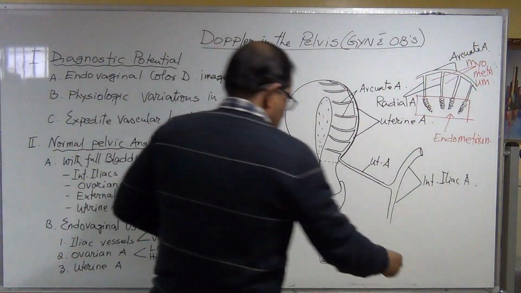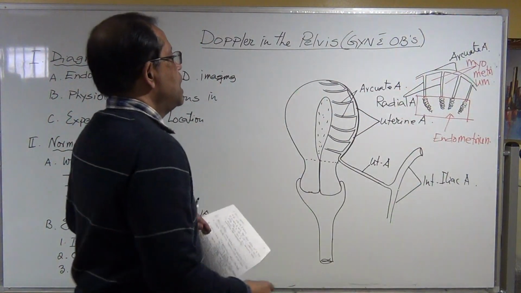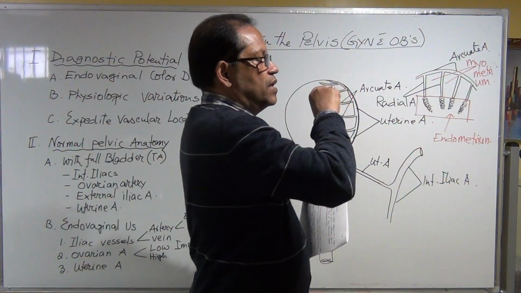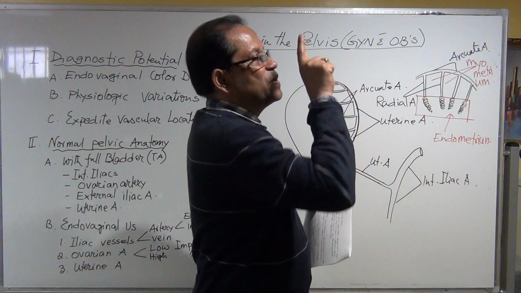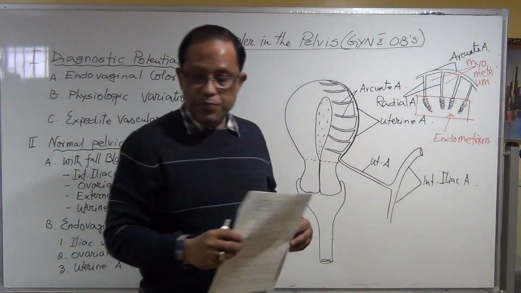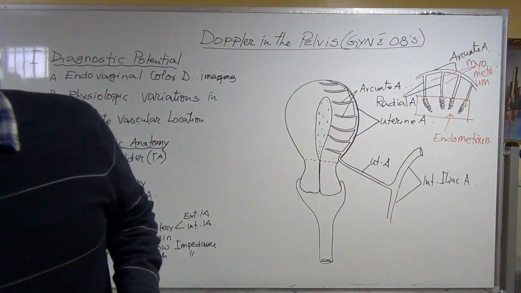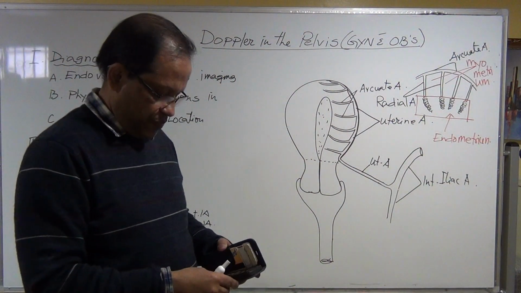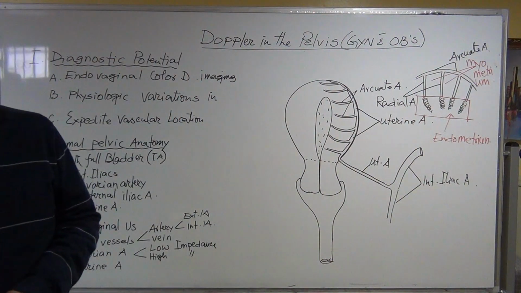Now, the arcuate artery runs making an arc on the surface of the uterus. The arcuate artery is also under the perimetrium. Okay, under the perimetrium.